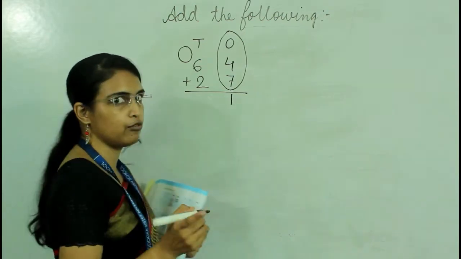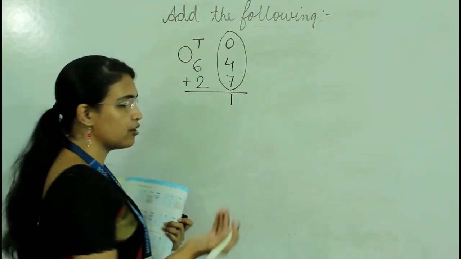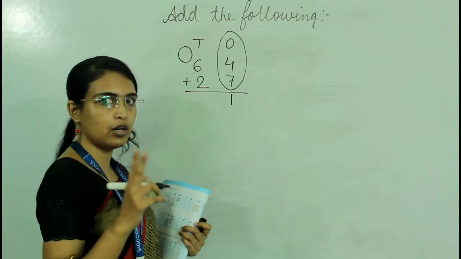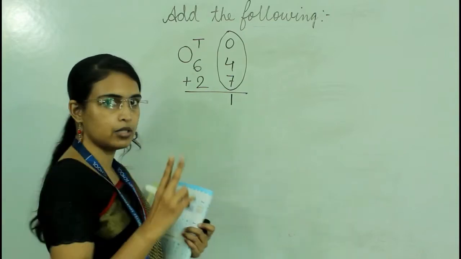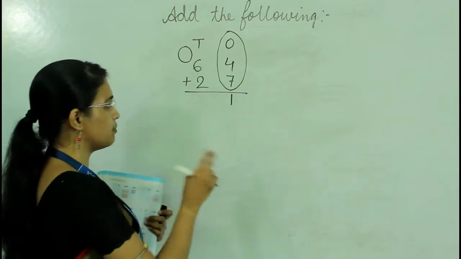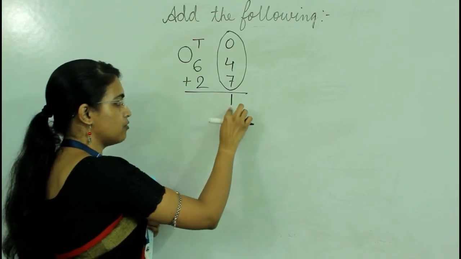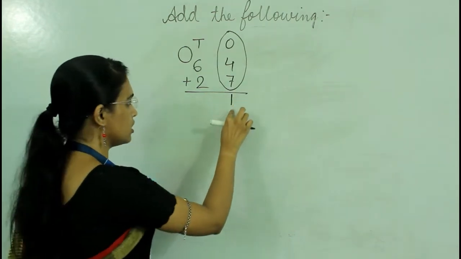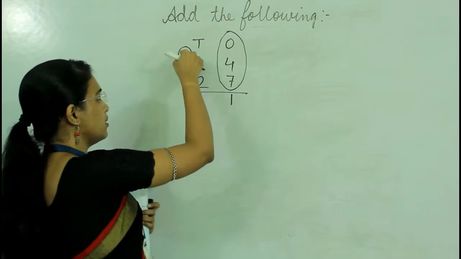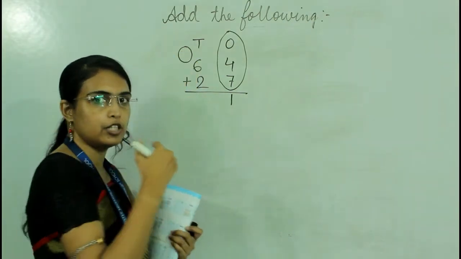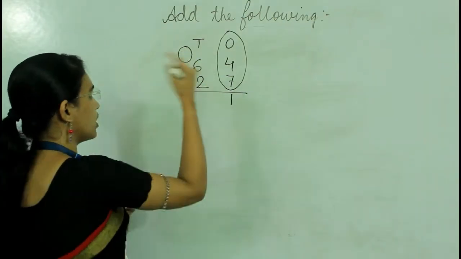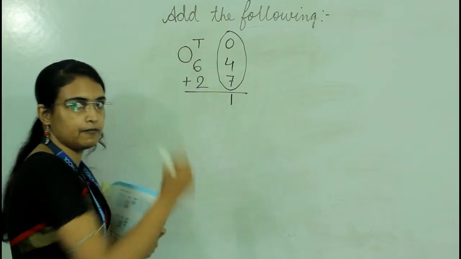When the answer is a 2-digit number, you always have to put 1 digit here, the last digit, and the first digit will become the carry. Okay, and you have to put it here.